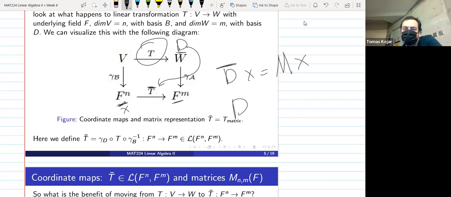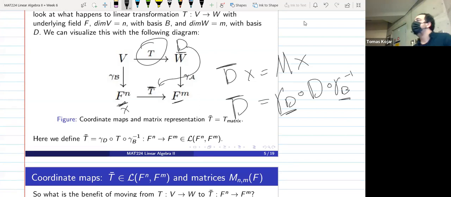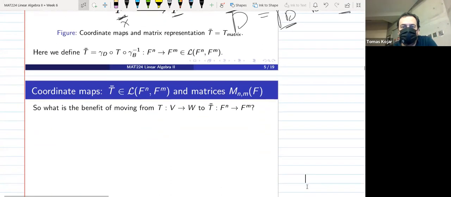So D bar for the derivative will be gamma D, derivative map, gamma B. We're going to use our coordinate maps to write down the matrix. This will be the most abstract part of this course, and we'll go very slow and repeat it multiple times.